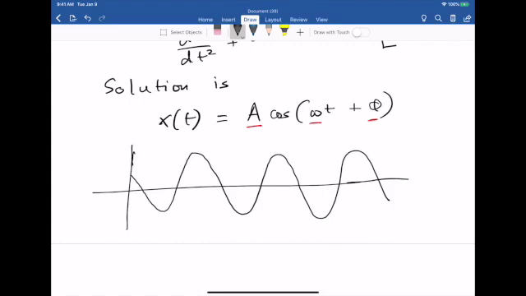The maximum value of cosine is +1 and the minimum value is -1. So since this is multiplied by a, the maximum value of the function is going to be plus a, and the minimum value of this function is going to be minus a. So x will keep on oscillating between plus a and minus a.